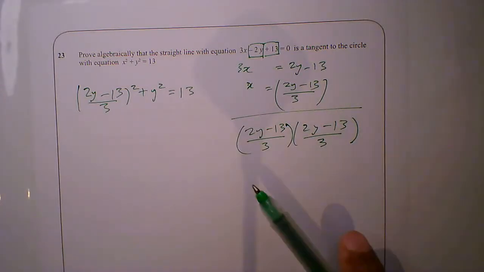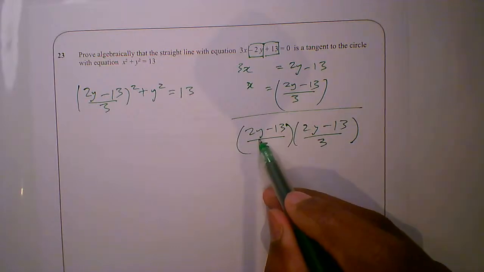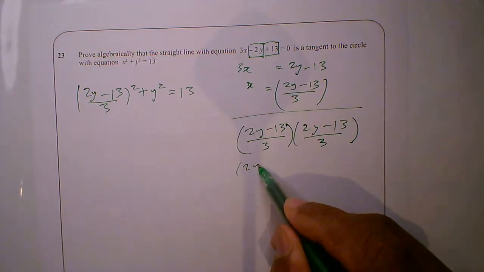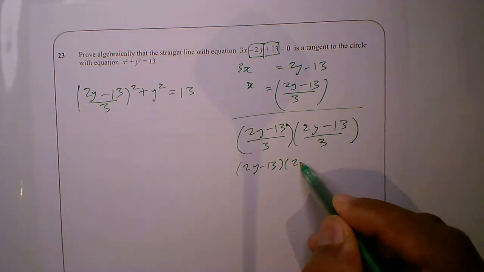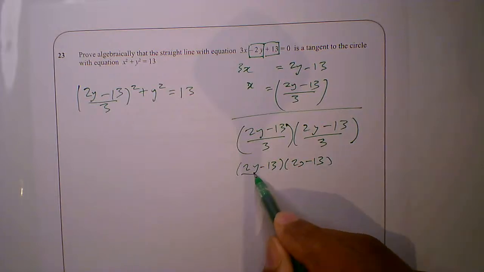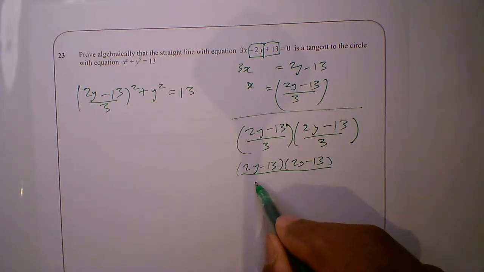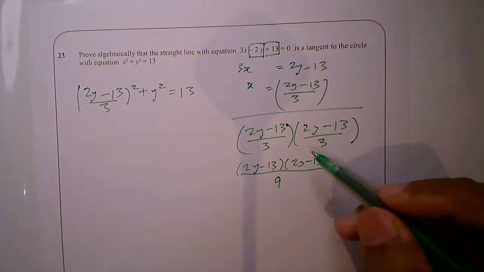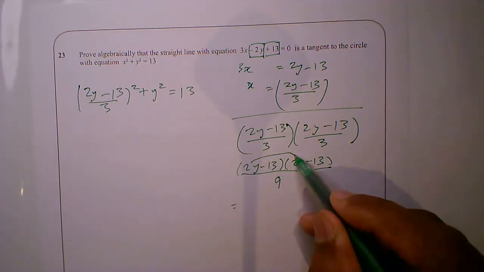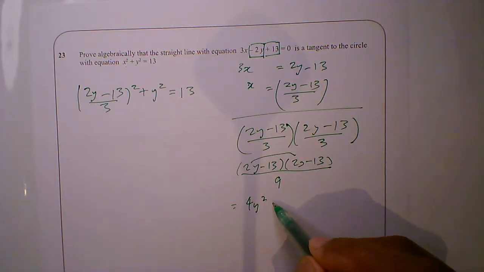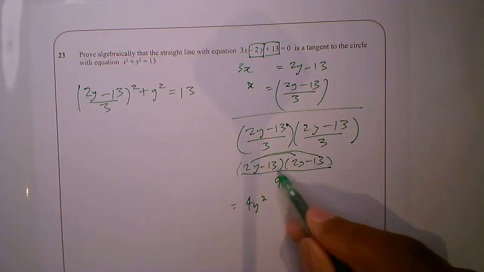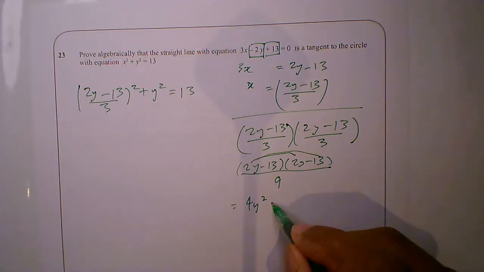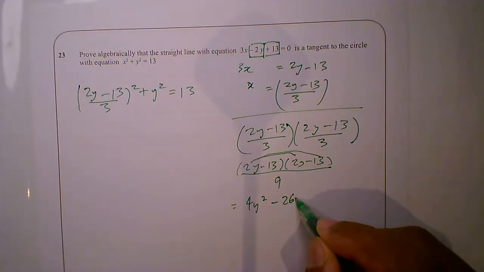Now we expand these. The numerator is 2y take away 13 times 2y take away 13, all over 3 times 3, which gives me 9. In the numerator, 2y times 2y is 4y squared. 2 times 13 is 26, so minus 26y.